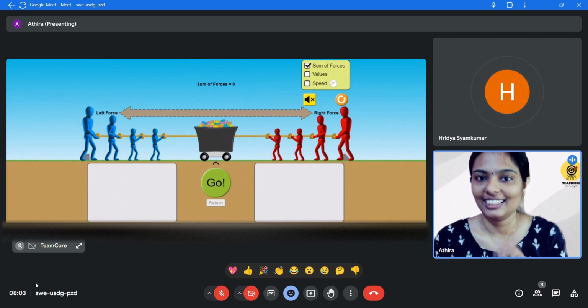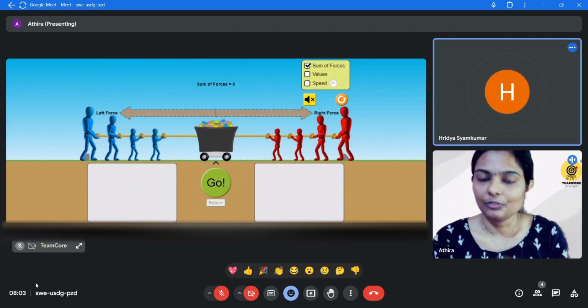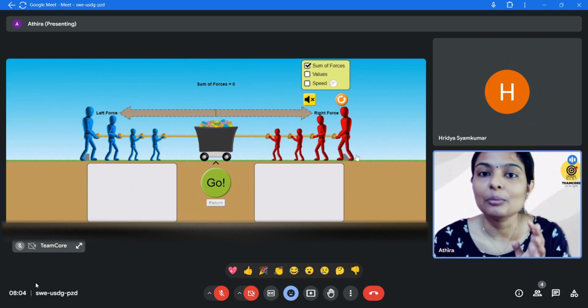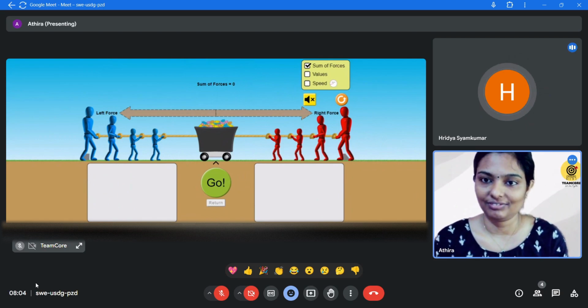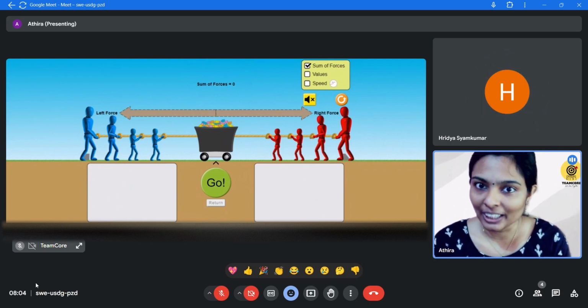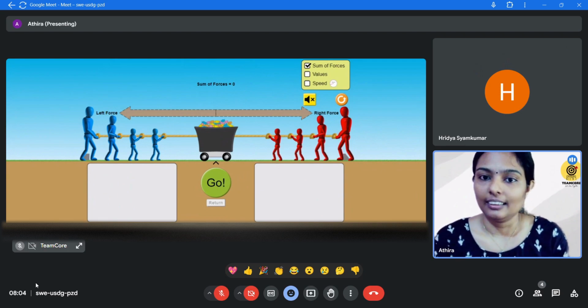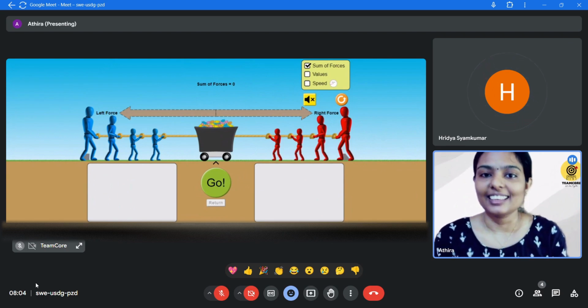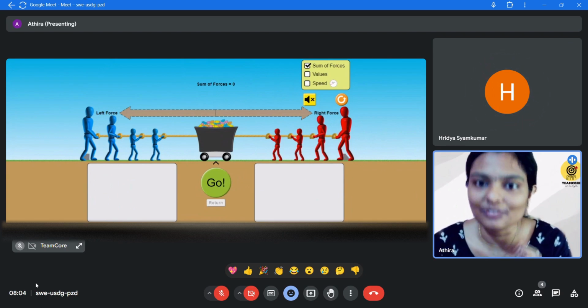Is it clear? The sum of the forces is zero because the forces are acting in opposite direction and also their magnitudes are equal. So when forces of equal magnitude and opposite direction act on an object, the sum of the forces will be zero, and we can say that the body is under balanced forces.